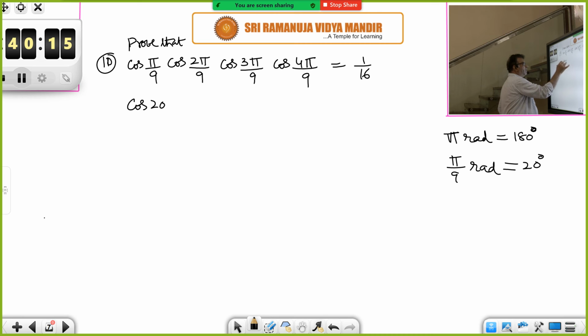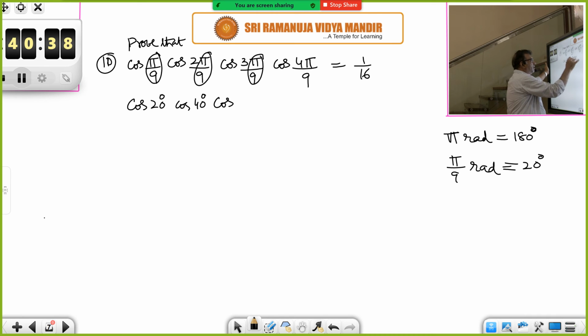We have to prove that cos 20, 2 pi by 9 means cos 40, 3 pi by 9 is 60, and 4 pi by 9 is 80. This is what we have to prove. Then it is very easy to prove, because in degrees we can understand it better.